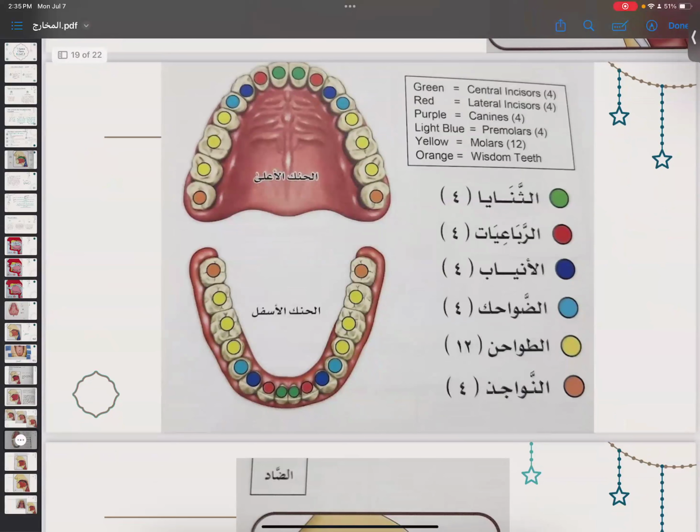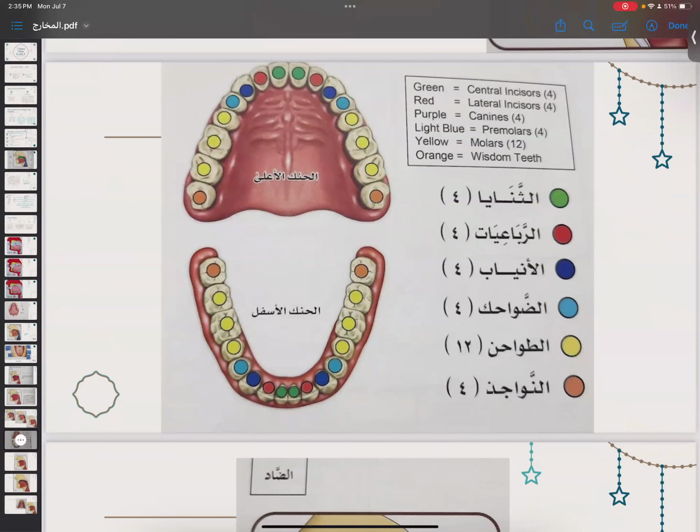And then we have some pictures of the mouth. So al-hank al-a'la and al-hank al-asfal. So that's the different parts of the mouth and the teeth. And then they're labeled by color for the different portions that they are.